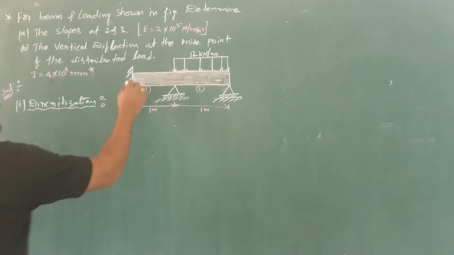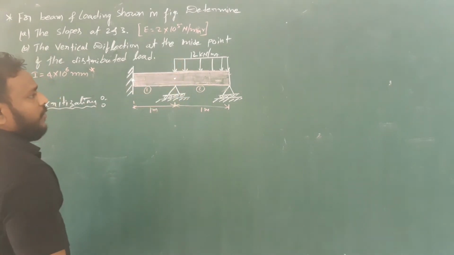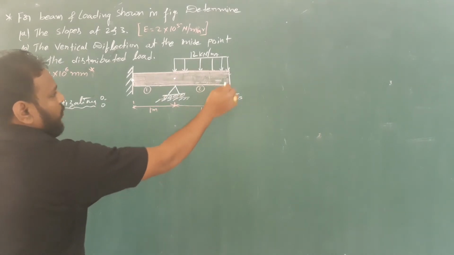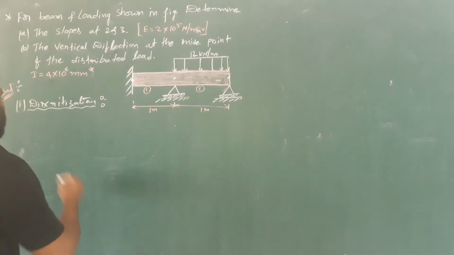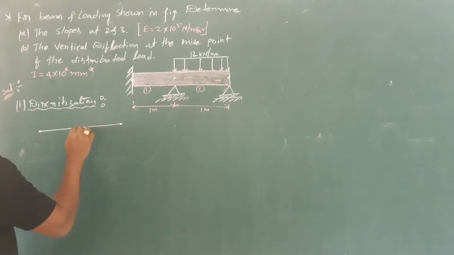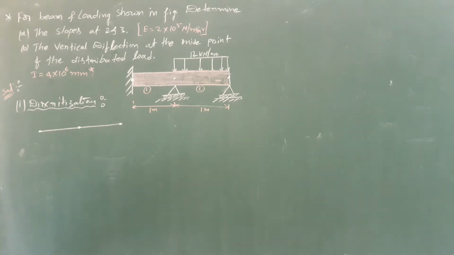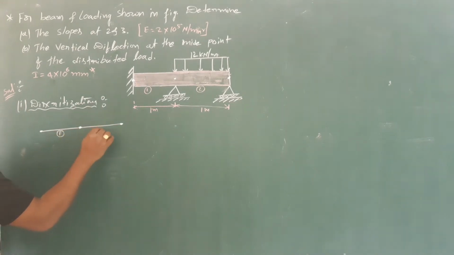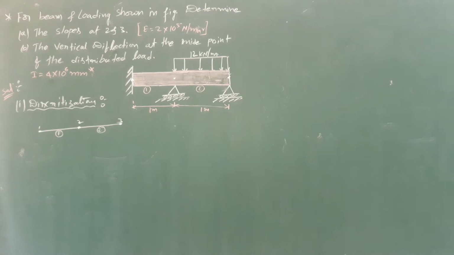Now here is one node, and here a load is applied, so here is also one node. Here some support is there, so because of this it is also another node. So it has 3 nodes, 1, 2, 3, and 2 elements. This is one element, this is another element. Nodes 1, 2, 3 are the nodes and these are the elements.